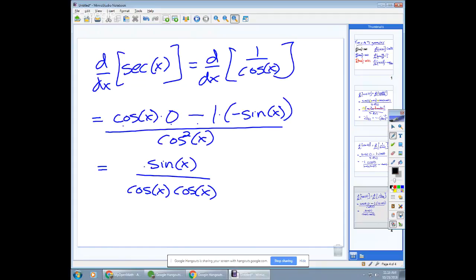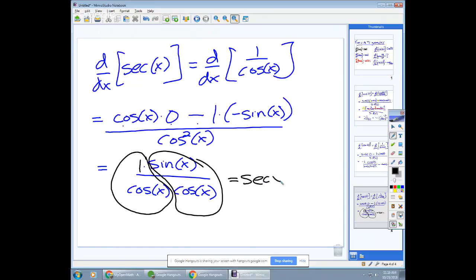And then I can break this up by saying I have a 1 over cosine of x there, and I have a sine of x over cosine of x, which I can rename as secant of x times tangent of x. Cool. There's patterns to these. It helps just to remember them.